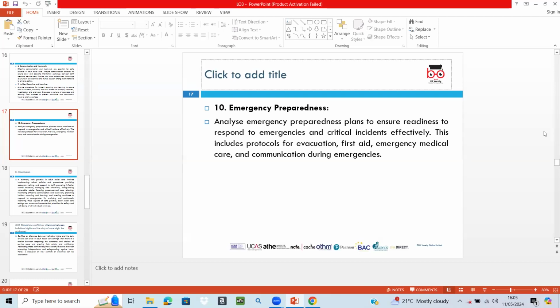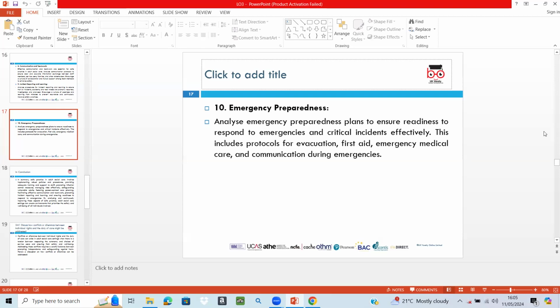For example, in the event of a fire emergency in an adult social care facility, analyzing the emergency preparedness plan would involve assessing the evacuation procedures, such as designated escape routes, emergency assembly points, and the roles and responsibilities of staff members during evacuation.